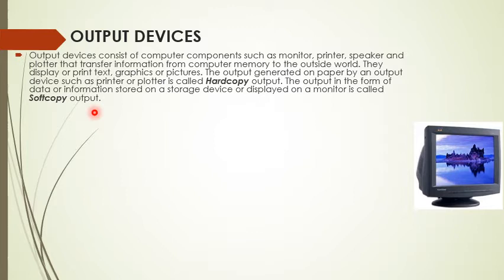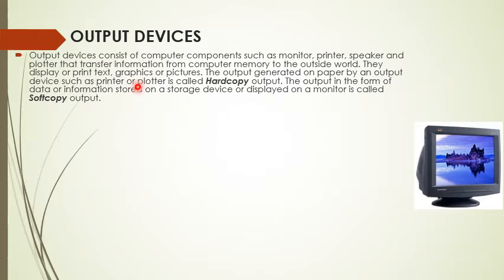The output devices are mostly monitor, printer, speaker, plotter. They are used to transfer information from computer memory to the outside world. So from computer memory, the data is going to these devices. Got that?